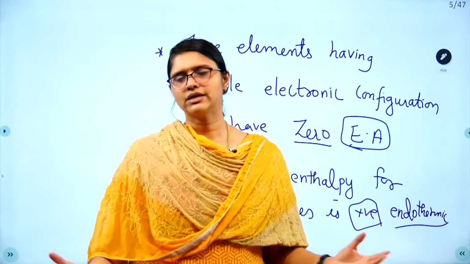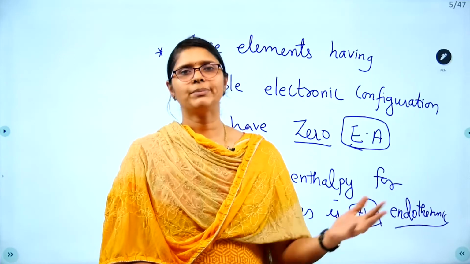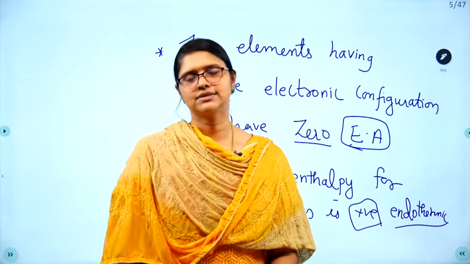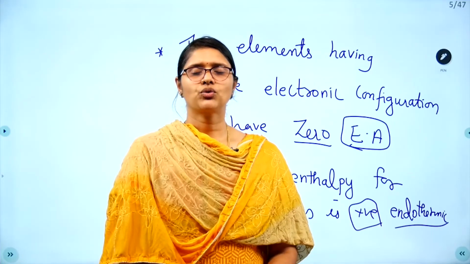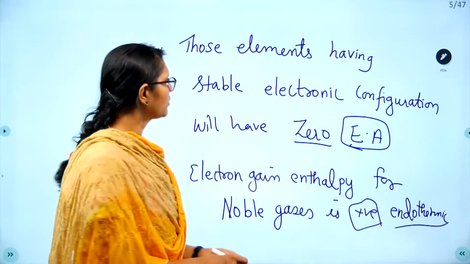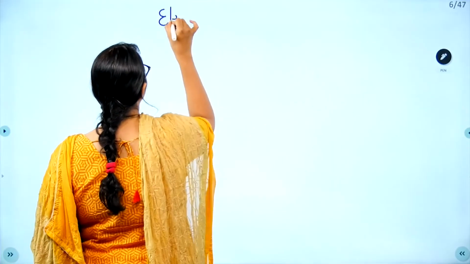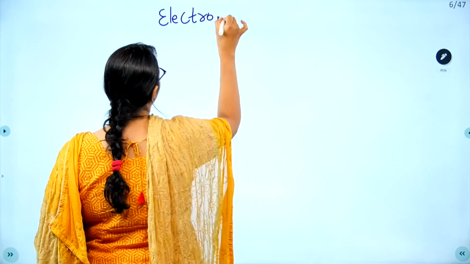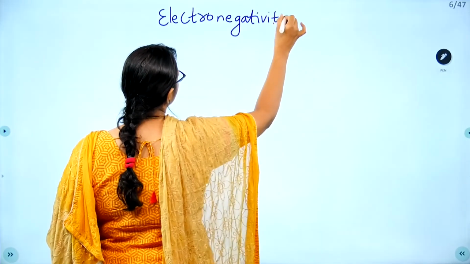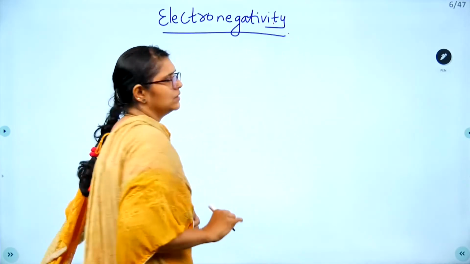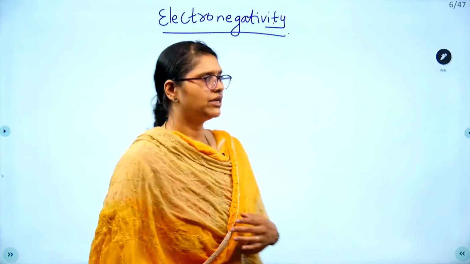Understood? I am taking the p block elements and generally explaining what will happen for each property. Next we are going to see electronegativity. So what do you mean by electronegativity?